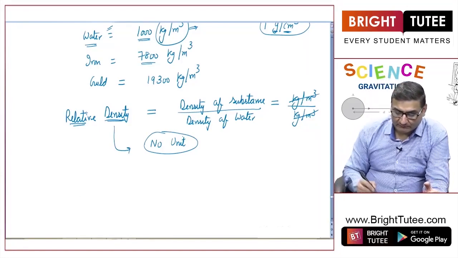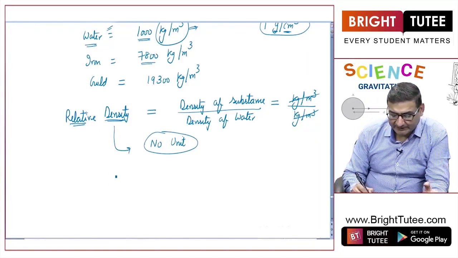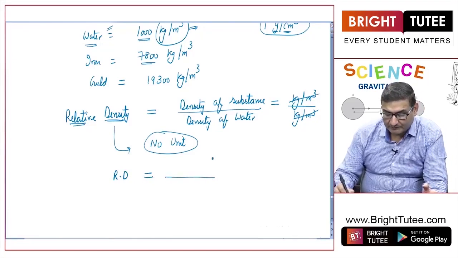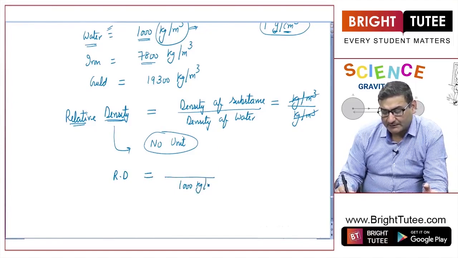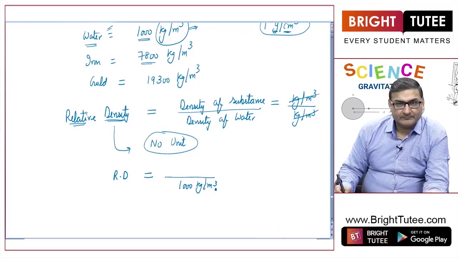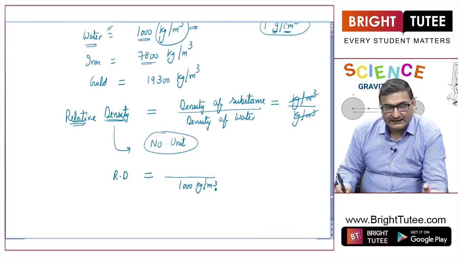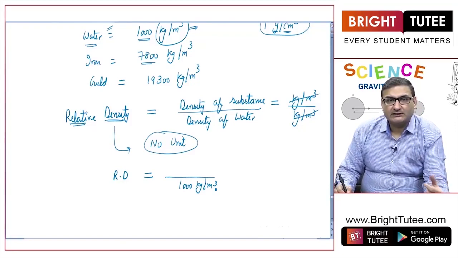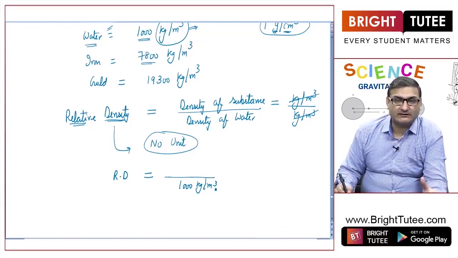Now, one thing we need to relate is, we are talking about relative density. We know that the density of water is 1000 kilogram per meter cube. Let us take a substance, hypothetically, which has the same density as that of water.